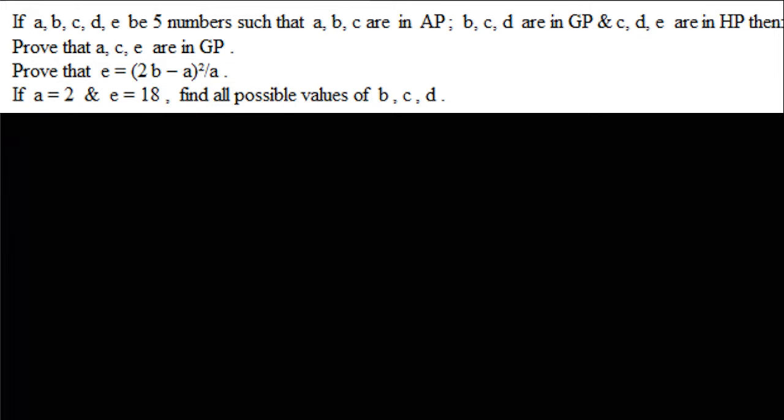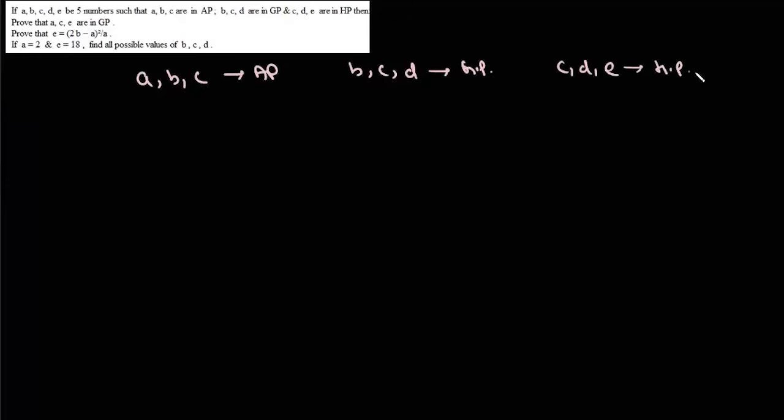Now here the question is, if A, B, C, D and E are 5 numbers such that A, B, C are in AP, B, C, D are in GP, and C, D and E are in HP, prove that A, C and E are in GP.